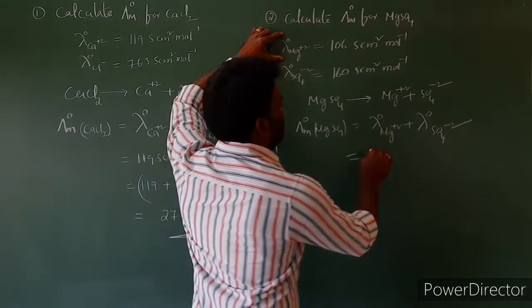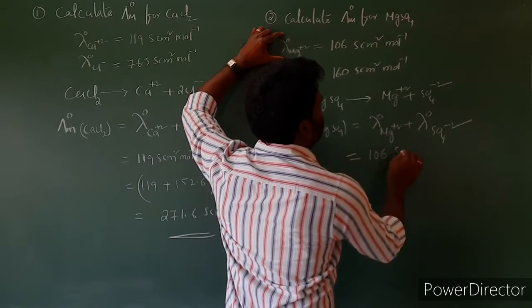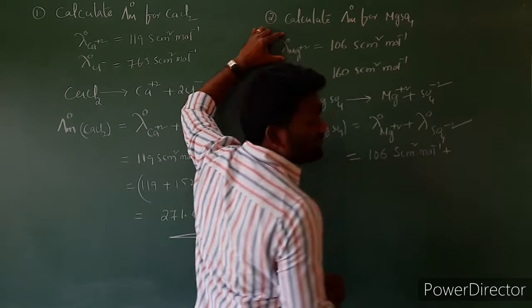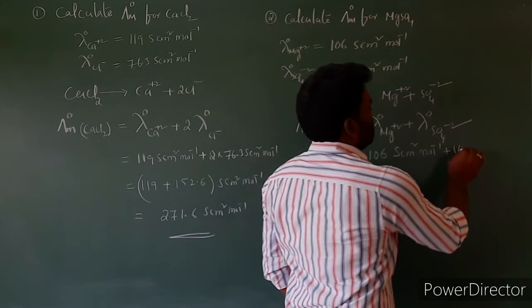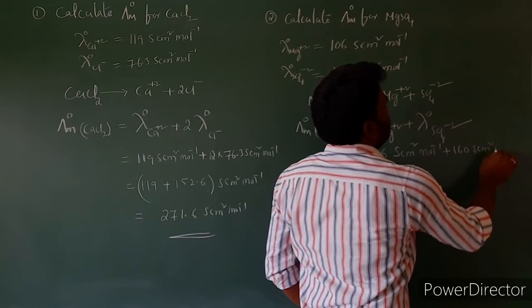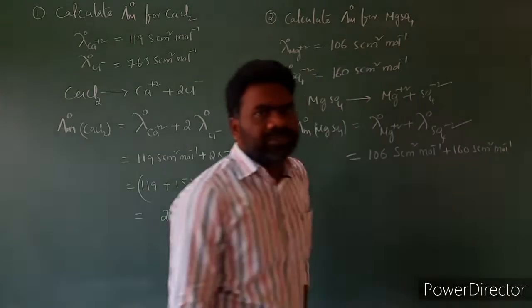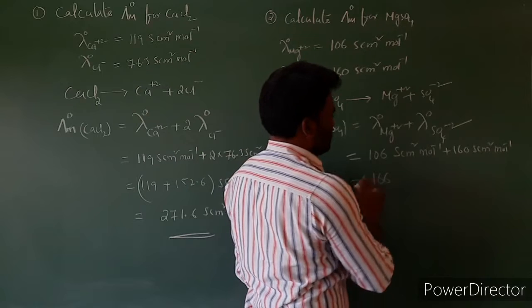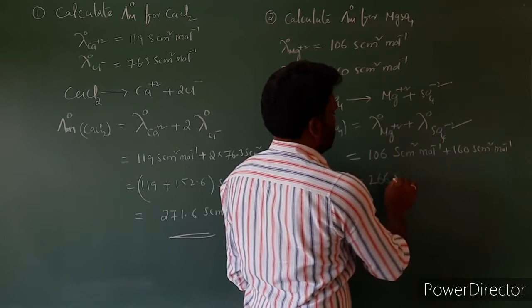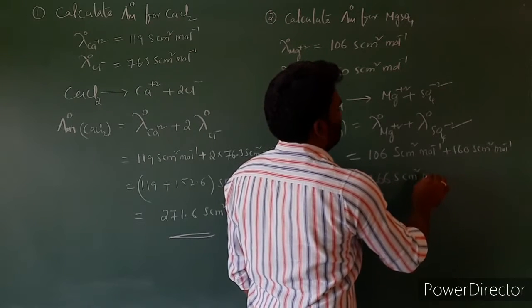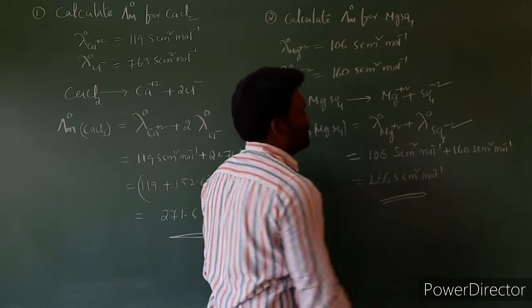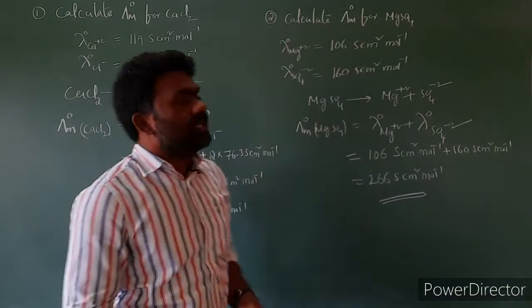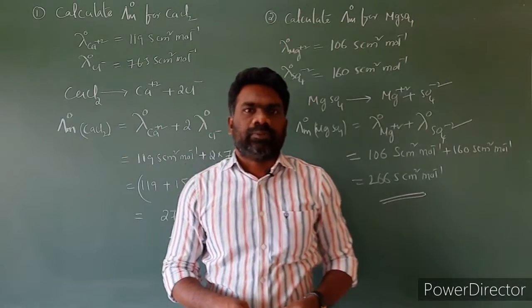Cation value how much is given? 106 Siemens centimeter square mole inverse, plus anion 160 Siemens centimeter square mole inverse, isn't it? So add 106 and 160, you get 266 Siemens centimeter square mole inverse. So this is the limiting molar conductivity of MgSO4. This is the second problem.